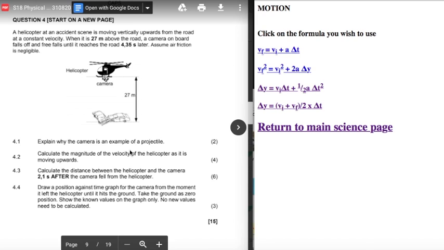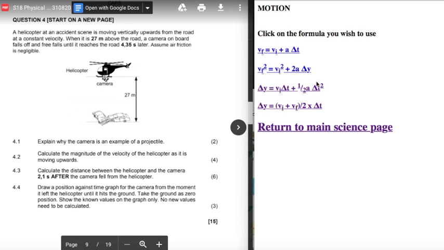So let's calculate the magnitude of the velocity of the helicopter and camera as it is moving upwards. This initial velocity would be V initial. If we look at the whole problem, there's no final velocity given anywhere, and this formula has a final velocity, this has a final velocity, this has a final velocity.